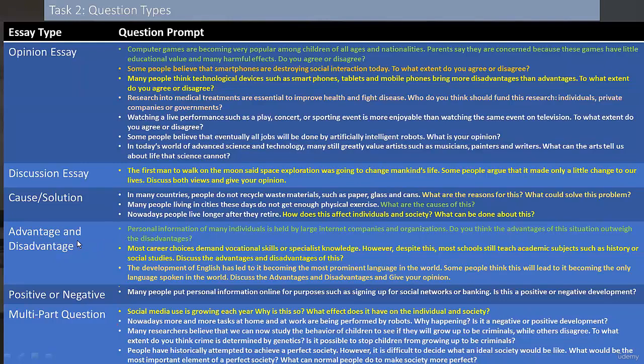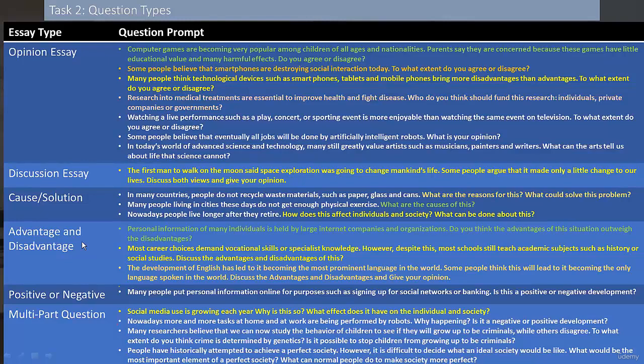There is a difference between the advantage and disadvantage for the general and academic. The general exam is more likely going to be about advantages and disadvantages and give your opinion. The academic is going to be more like advantages and disadvantages, or do the advantages outweigh the disadvantages? So you see slight differences.